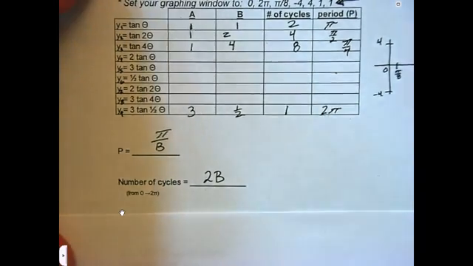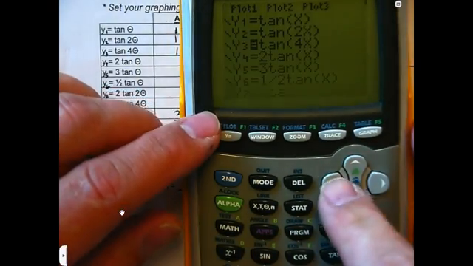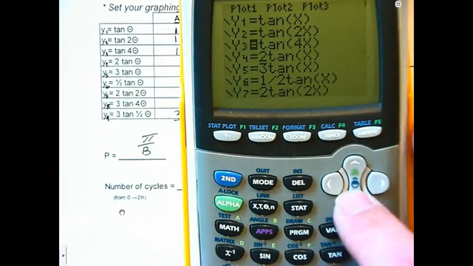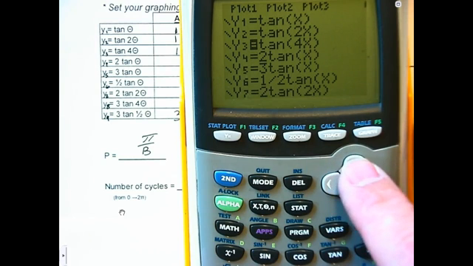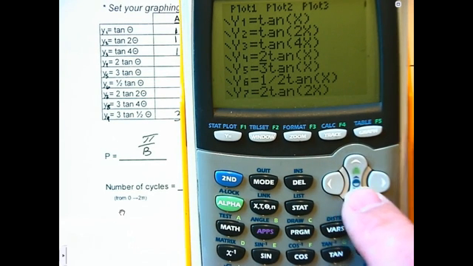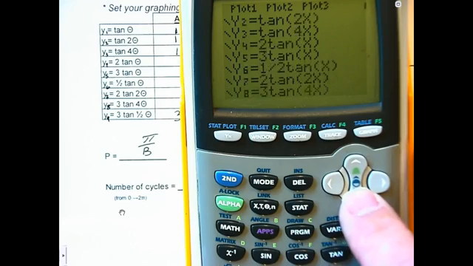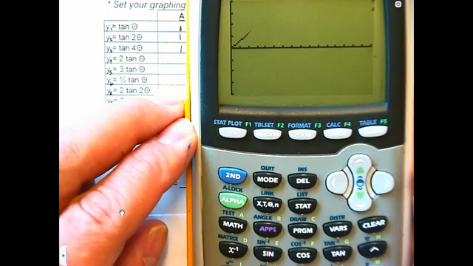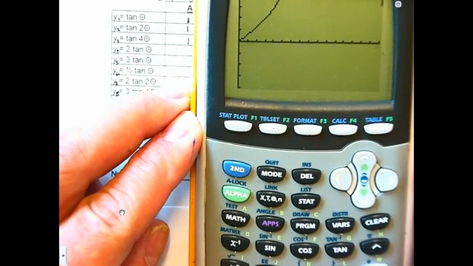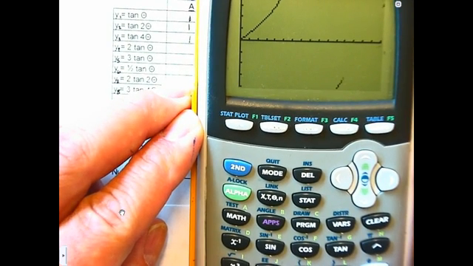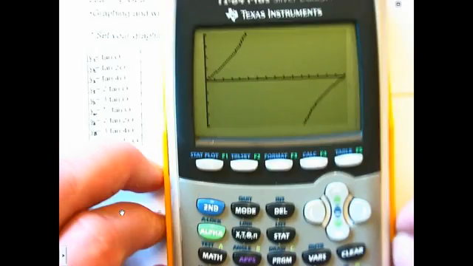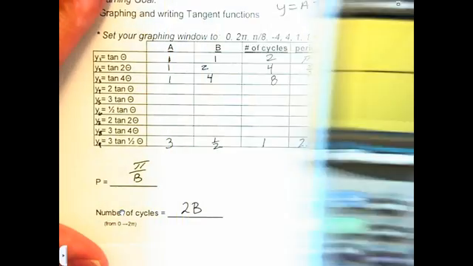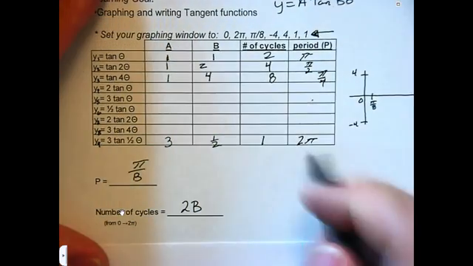Pi divided by 1/2, or 2 pi. Oops, there it is. Okay, we see one iteration, and that has a length of 2 pi.